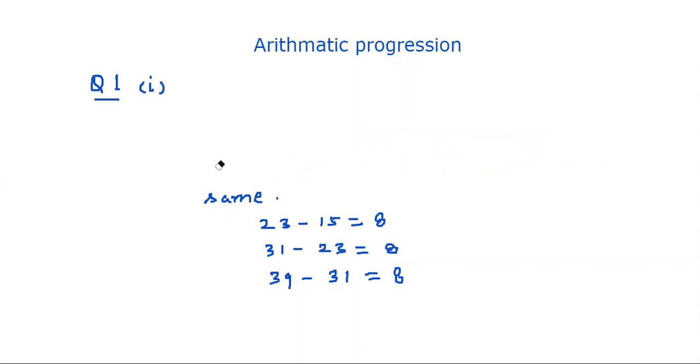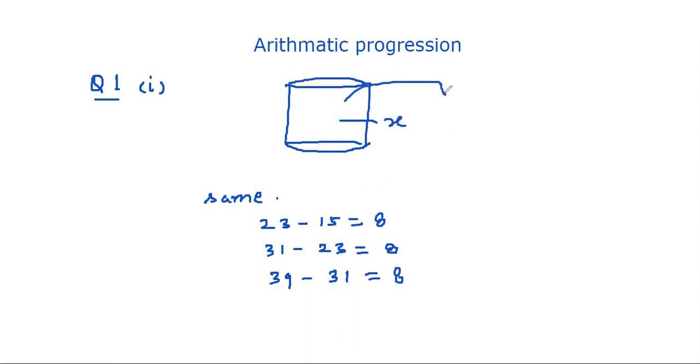Part 2 says the amount of air present in a cylinder when a vacuum pump removes 1/4 of the air remaining in the cylinder at a time. So we can imagine that this is a cylinder in which suppose total X liter gas is present. So X by 4 is removed.